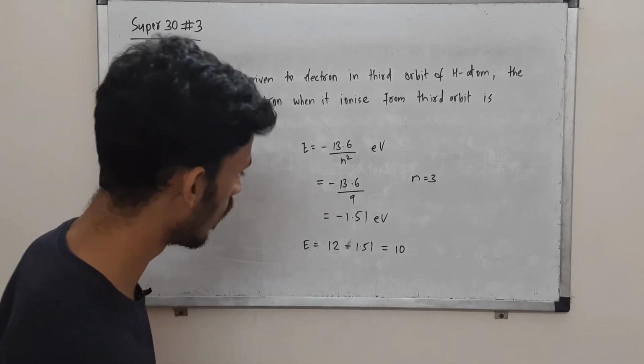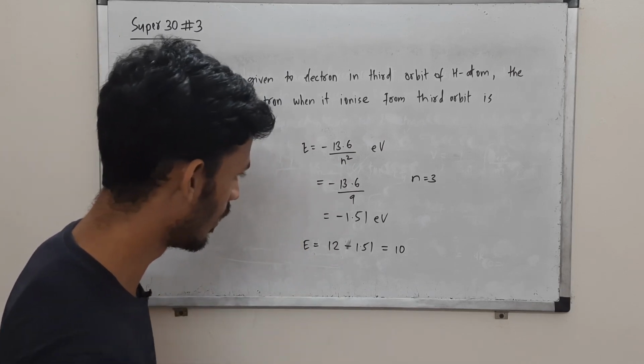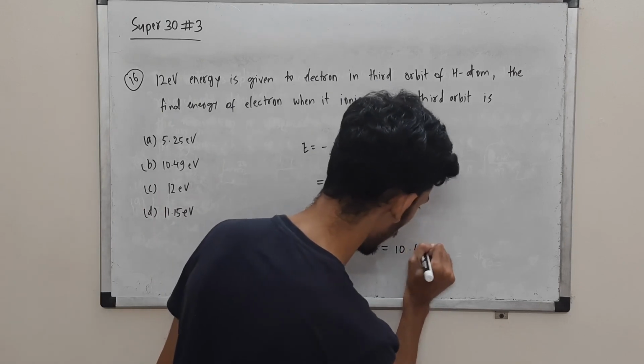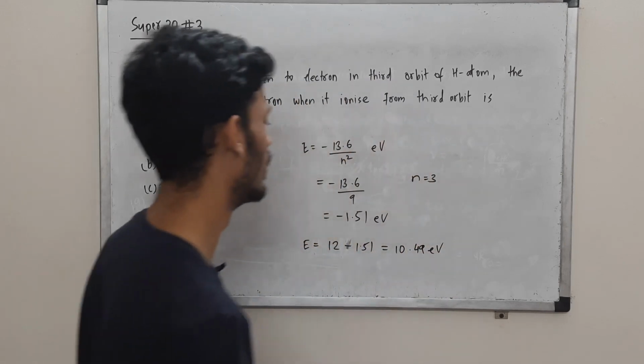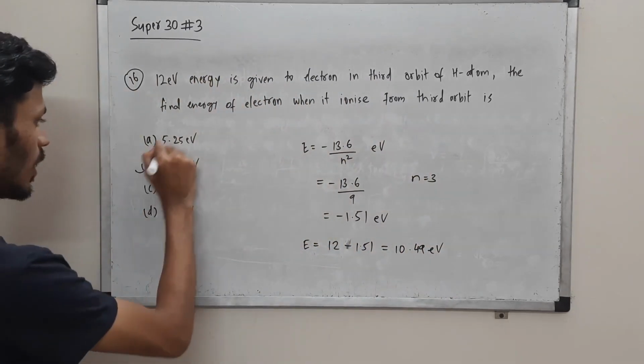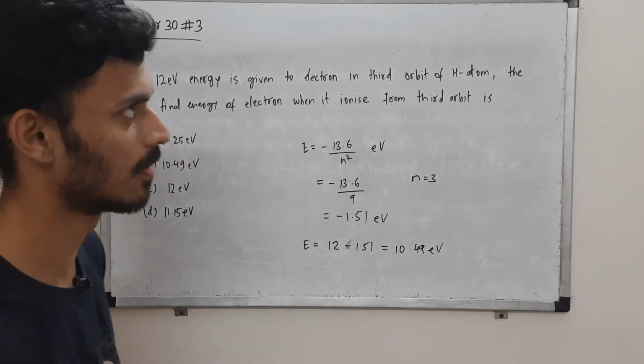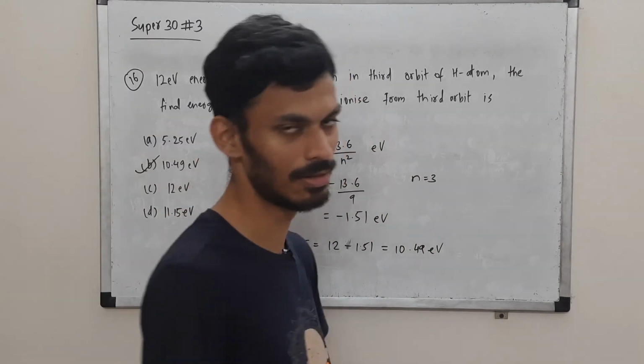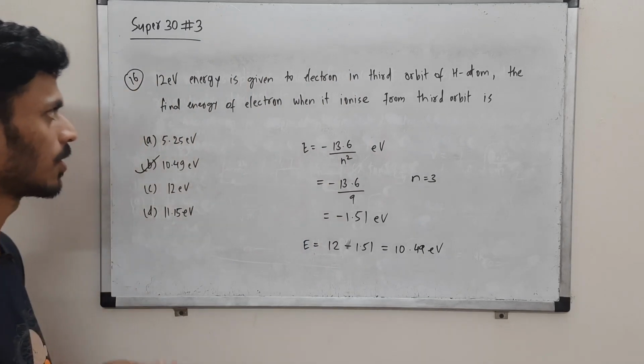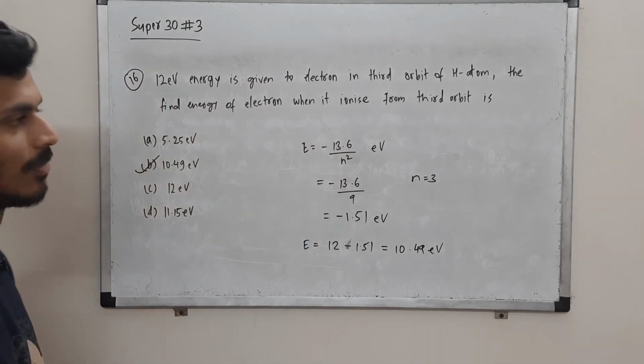That will be 10.49, right? So 12 minus 1 is 11, 11 minus 0.51 is 10.49. So that is your answer. Over to the next question.